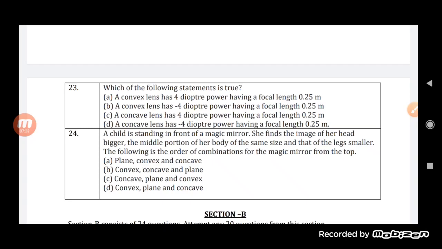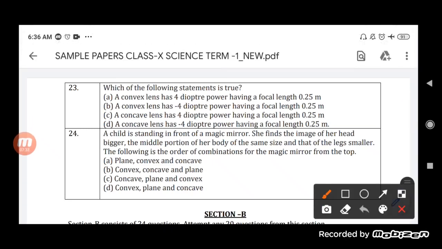And the legs seem smaller, the image is smaller, so it will be the convex mirror. So we can say this is the third option, C, where concave, plane and convex is the correct option.